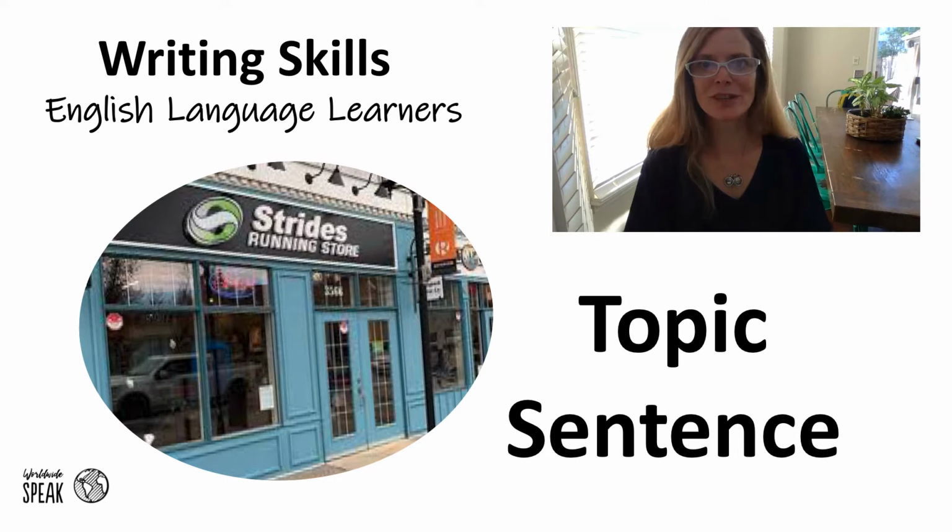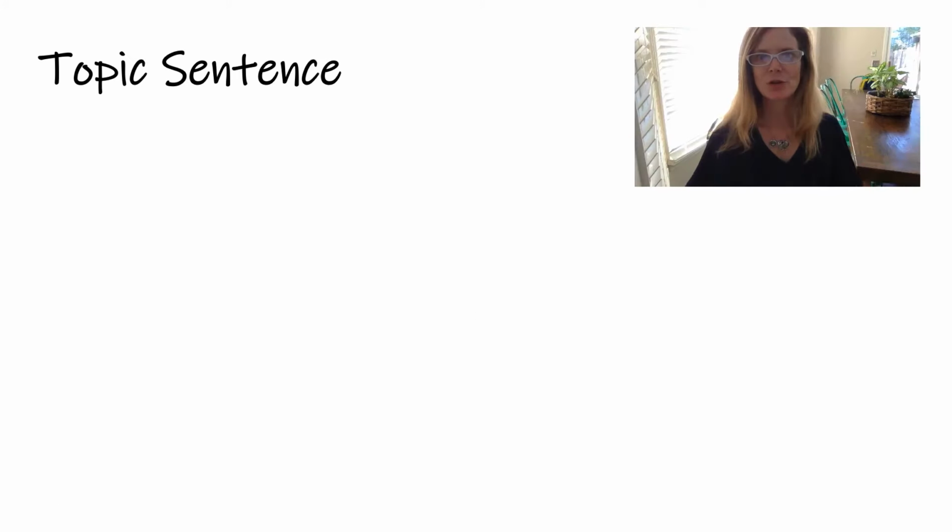It's only about this. It's not going to be about something else. So keep that image in mind as we move through this video and explain exactly how to write a great topic sentence.